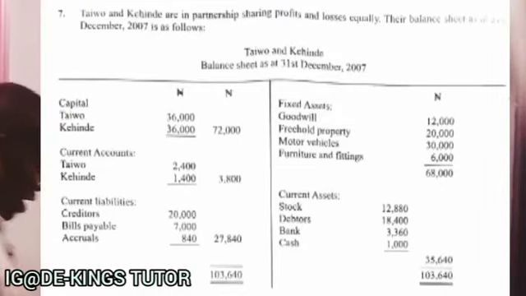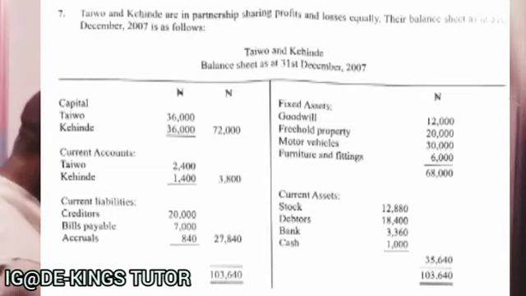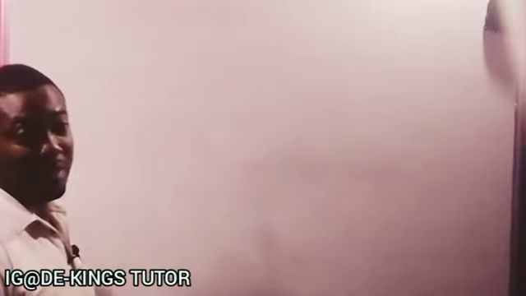Now, in this question we have the balance sheet that was given, and we also have the assets that were revalued. Okay, so to get a revaluation, the first thing, according to the accounts they're asking us to prepare, they said we should prepare the revaluation account. So if we prepare, what is the name of the owners?